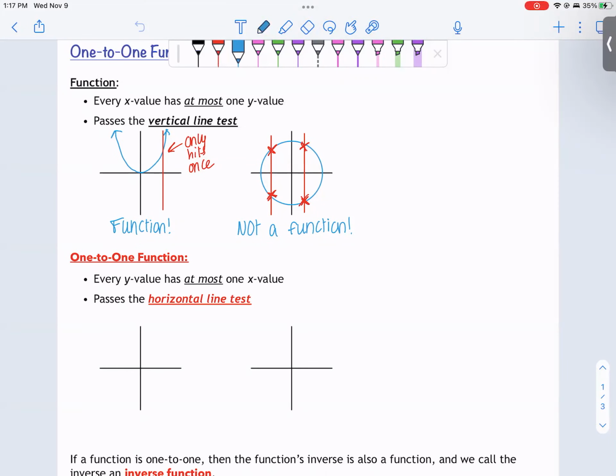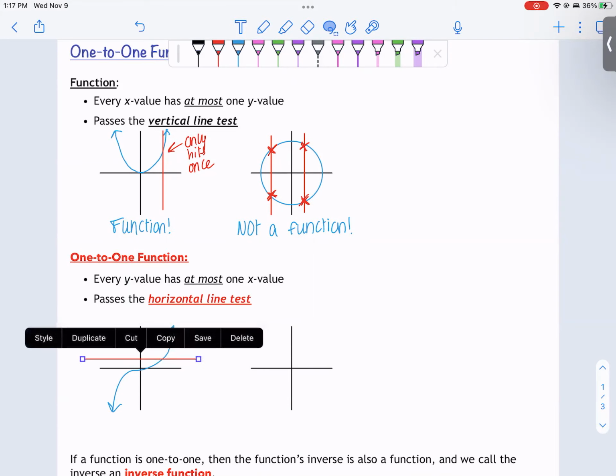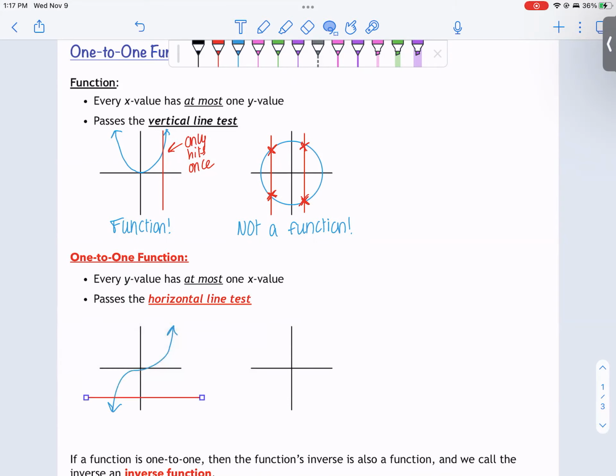So if I draw a picture right here, passing the horizontal line test means I can draw any horizontal line and only touch the function once. So look, I'm only touching the function once, once, once, once.